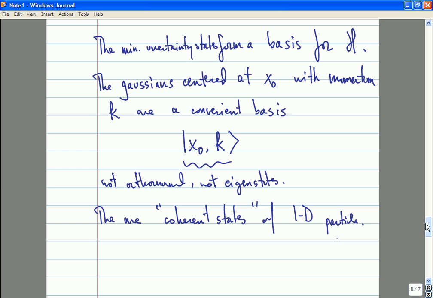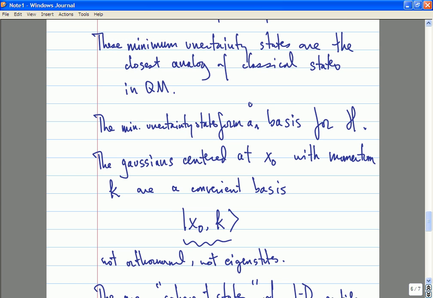Oh yeah, they're an overcomplete basis. Okay, let's put it this way. You're right. They're an overcomplete basis. You could always set the center to 0, then you would get the momentum states, which do form a basis. The ones with k equals 0, the Gaussians not centered at the origin, do not form a basis.